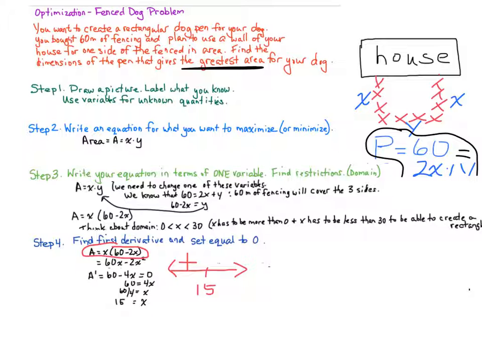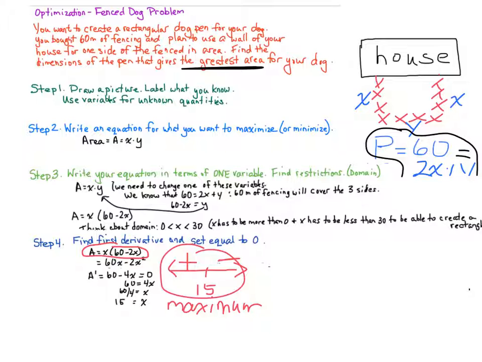The slope is increasing. And if I choose something larger than 15, like 16, I'll get a positive times a negative, which is a negative. The slope will be decreasing, but this does say that yes, at x equal to 15, we will have a maximum.